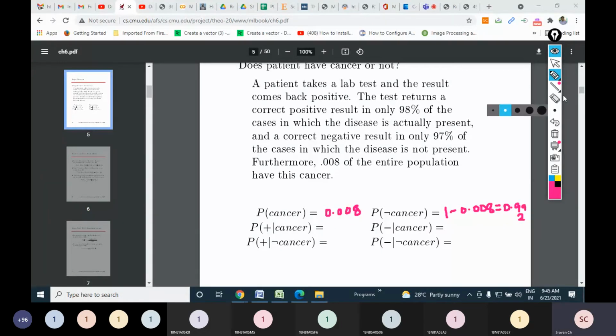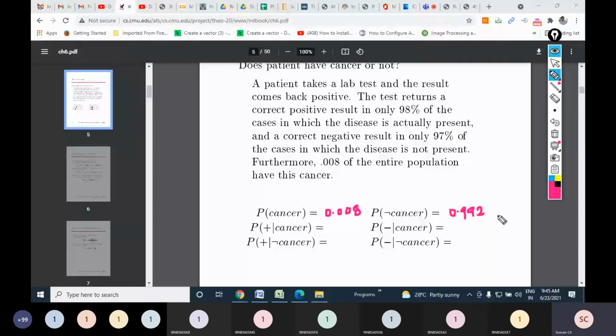So to make it simple, I can directly write it as 0.992. I hope everyone understood why I got 0.992. So this is 9, not 1.